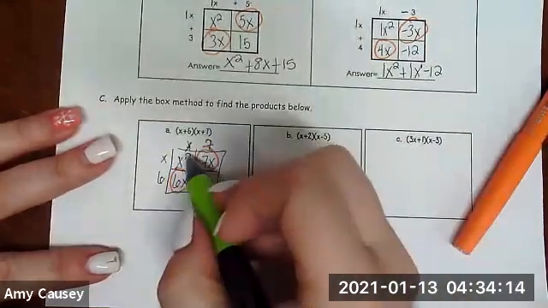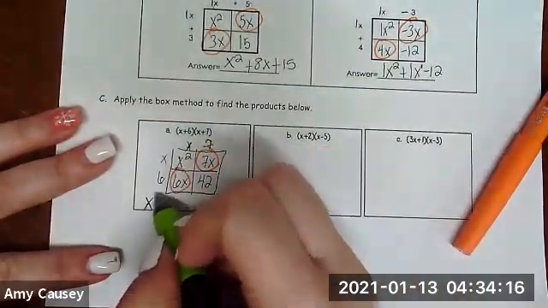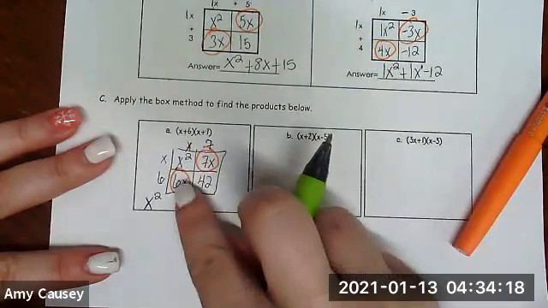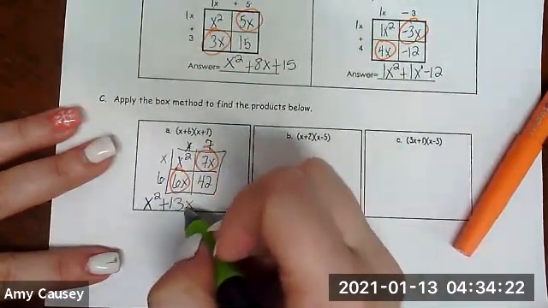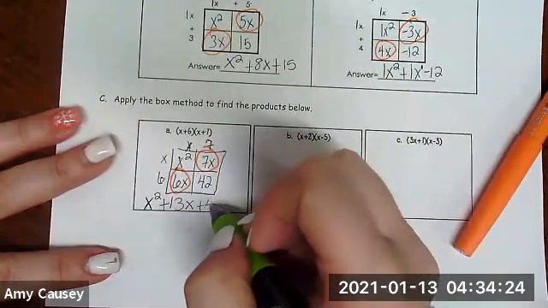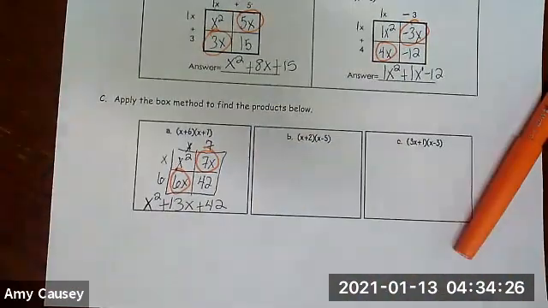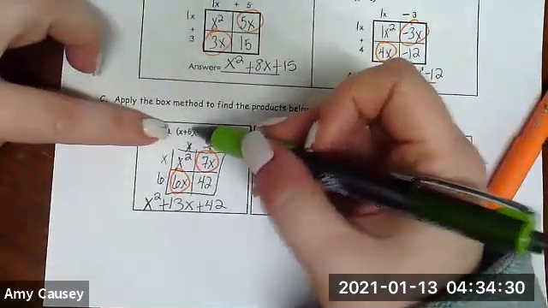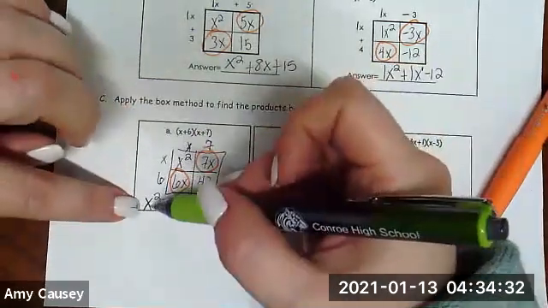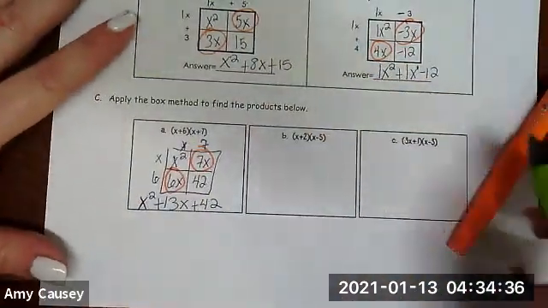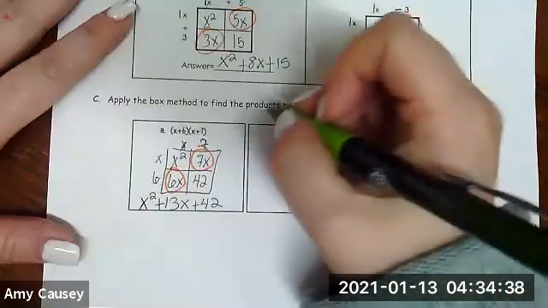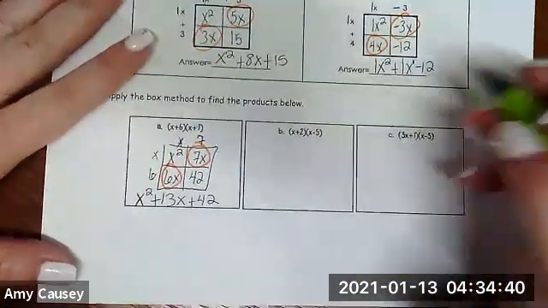So let's go ahead and begin. Your largest exponent is the square. And then you have 6x and 7x, that makes 13x. And then you have 42. So the product of x plus 6 times x plus 7 is x squared plus 13x plus 42. Product just means the answer to a multiplication problem.